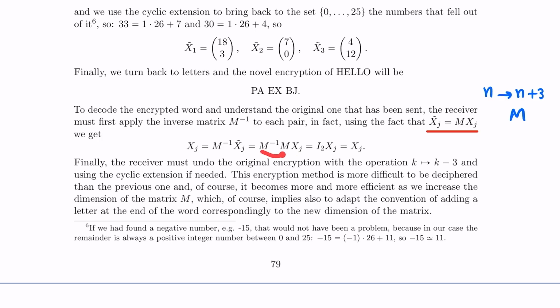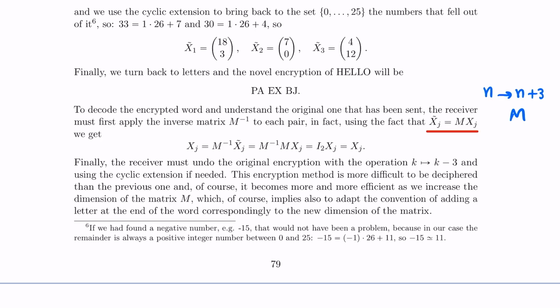But M minus 1 times M is the identity matrix 2 by 2. And so we know that this matrix product is exactly xj. So your friend will recover the original couples that you have sent, and thanks to the fact that you have communicated also the encryption code, he or she can decode what you have sent and come back to the original word.